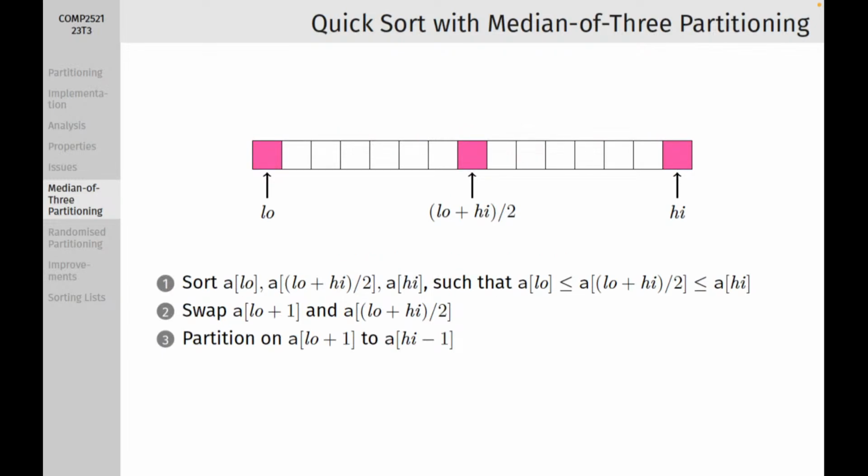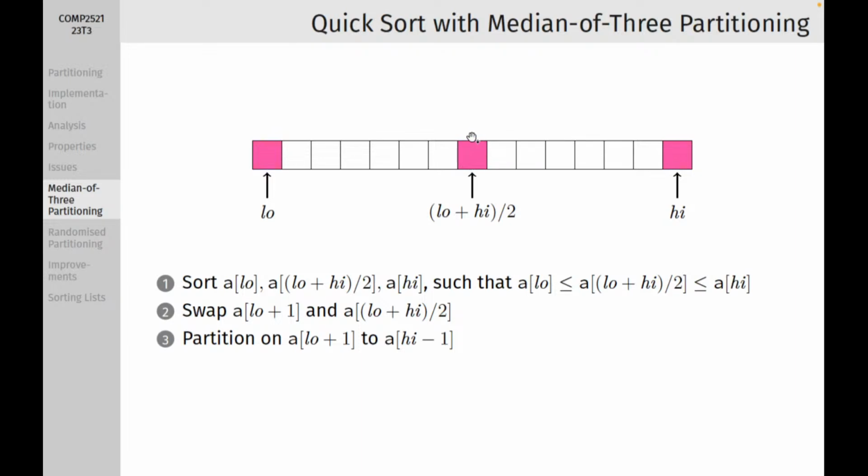So the process is we look at index low, index high, and the midpoint, index (low plus high) divided by 2, and we sort these 3 elements such that they're in order, so that A at low is less than A at the midpoint, which is less than A at high. That means after we've done the sorting, the midpoint element is the median of the 3 elements.